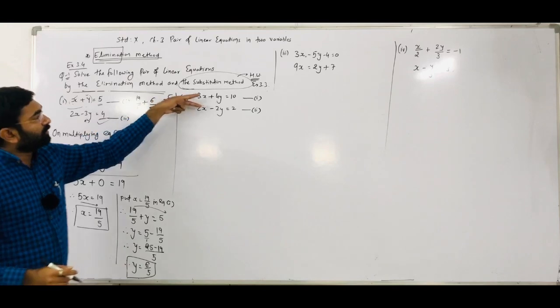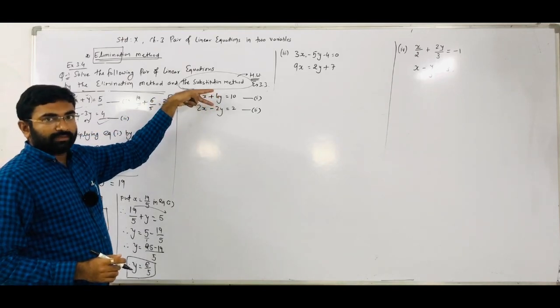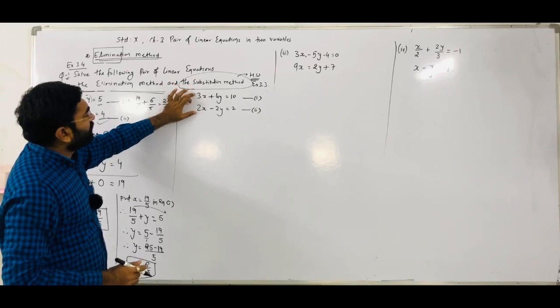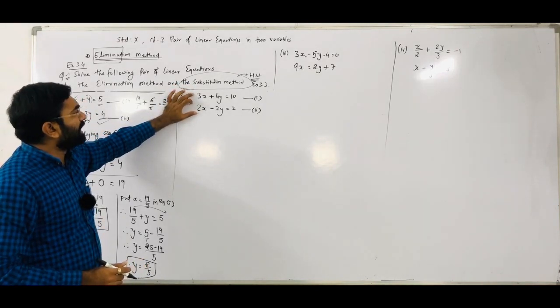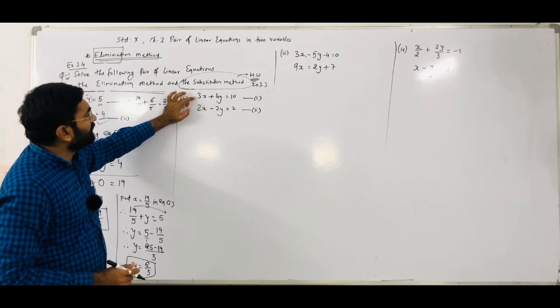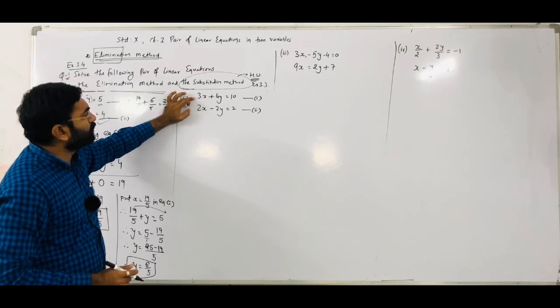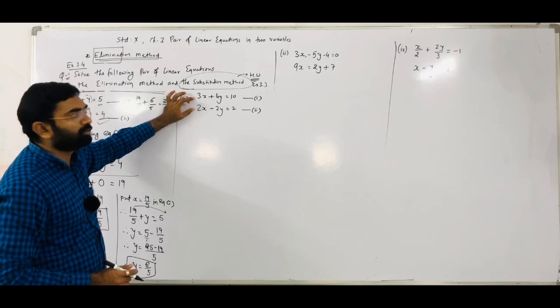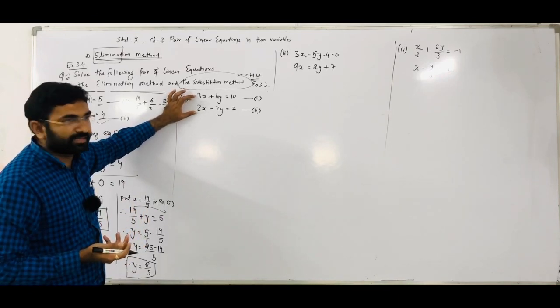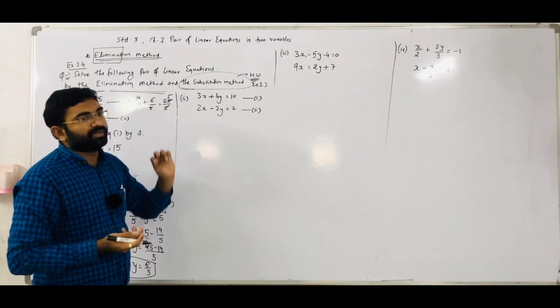Any of the terms you can make equal, or the same. Here, if you want to make the x terms the same, so x coefficient, if you want to make the same, then that equation we need to multiply by 2, and that equation we need to multiply by 3. Then we get 6x, right? Then it becomes the same.